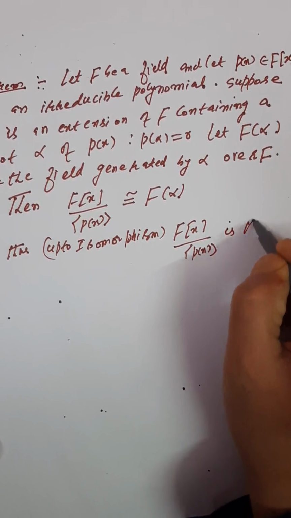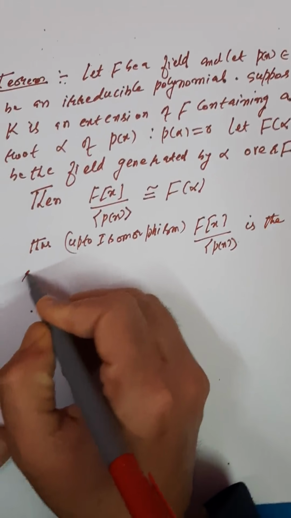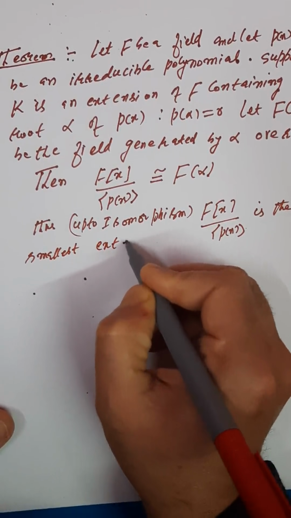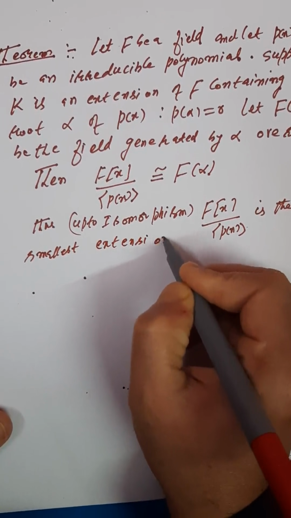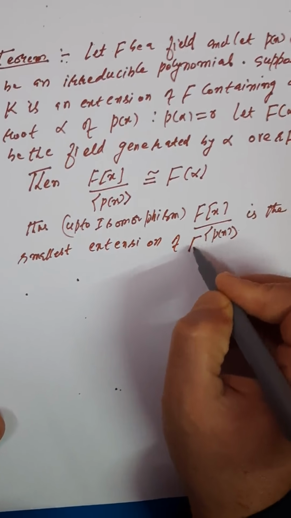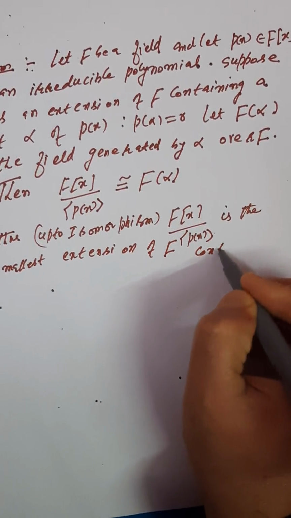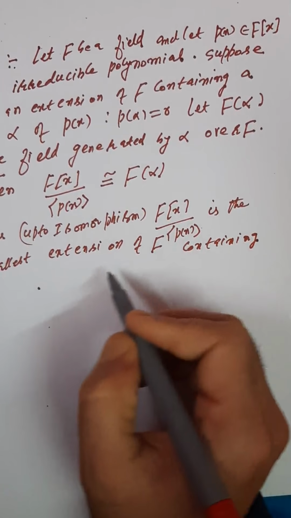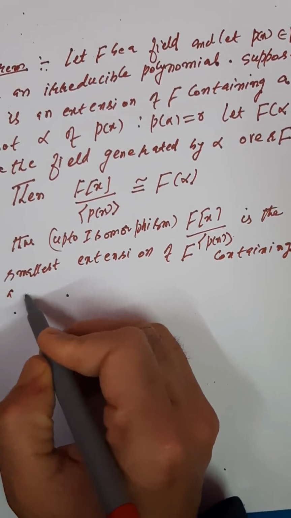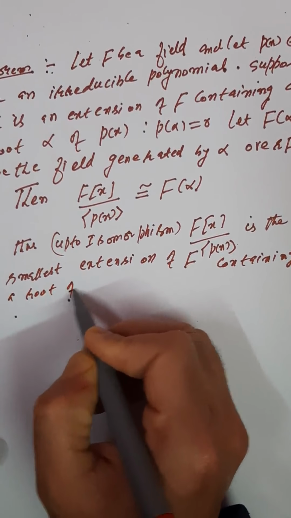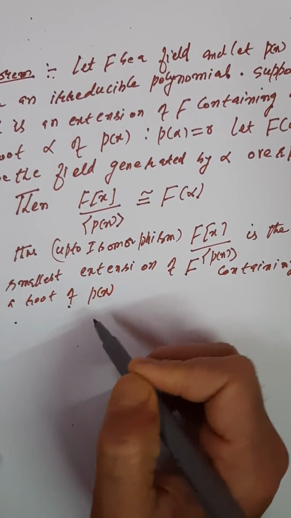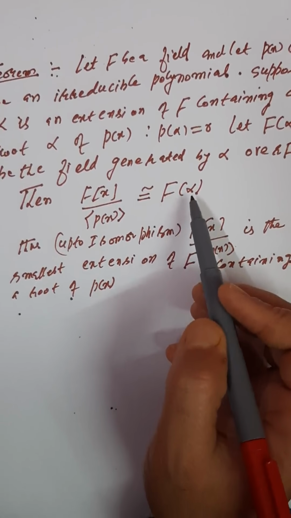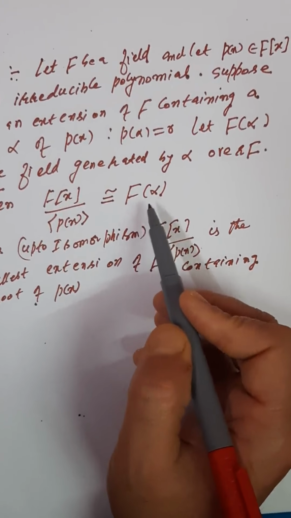How would it be smallest? Because it is isomorphic to a field which is actually the smallest extension of F containing alpha.